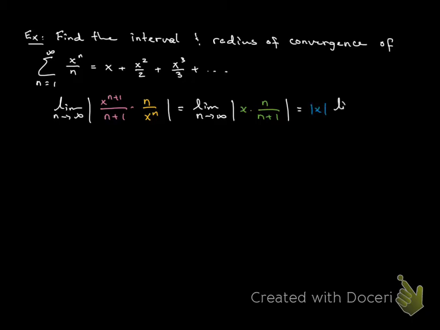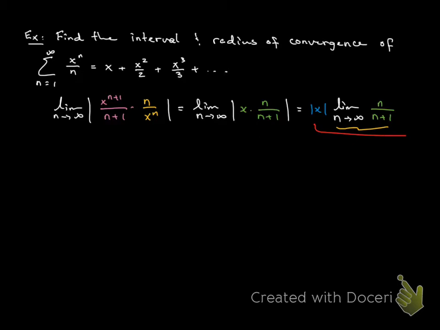Okay, so I see absolute value of x times the limit as n goes to infinity of n over n plus 1. Now again, if this whole limit, the entire thing, not what I've underlined there in yellow, but that whole thing, is less than 1, I have convergence. Okay, I can evaluate the underlined limit in yellow separately, right?